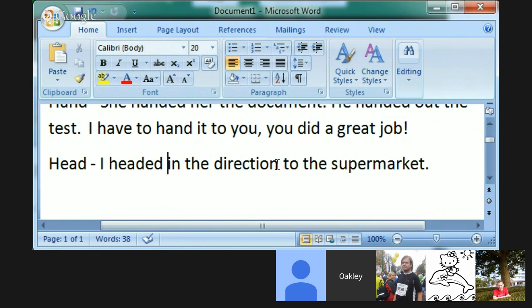Yes, you could just straight up say, I headed to the supermarket. That's right. If you want to, you can use in the direction, but when you use this phrase, and we do use this phrase in English, it has to be in the direction of the supermarket.